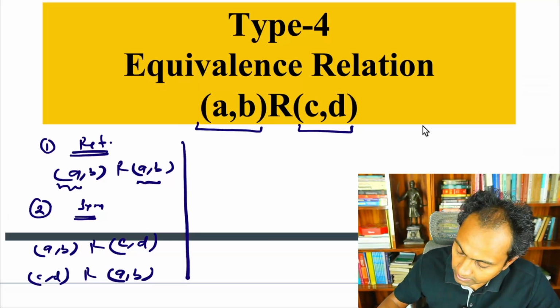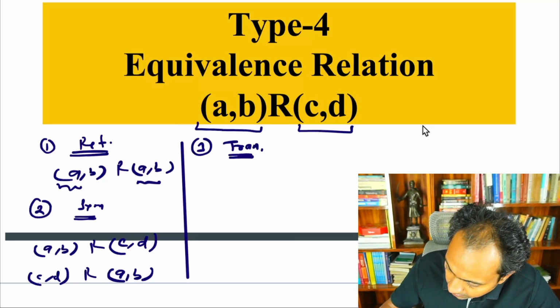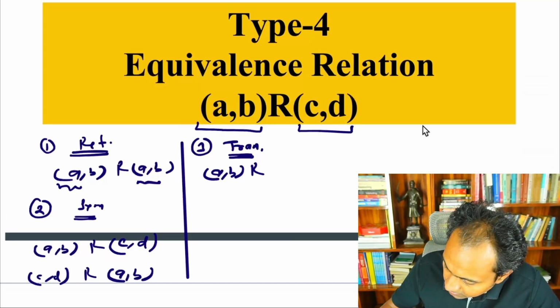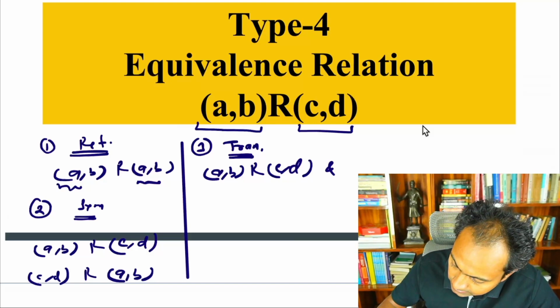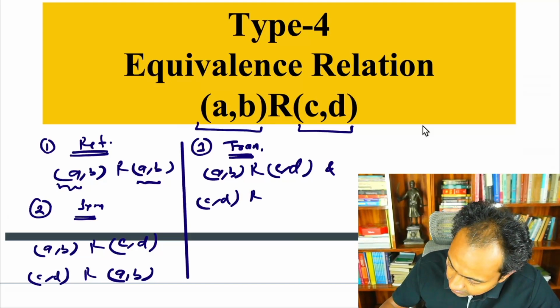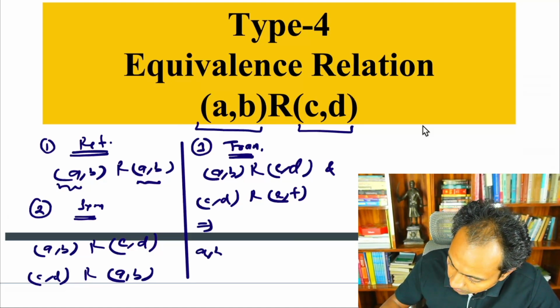And then for the third part, that is transitive, we will have to again go from ordered pair: A comma B is related to C comma D, and C comma D is related to E comma F. Then we'll have to show that this implies A comma B is related to E comma F.